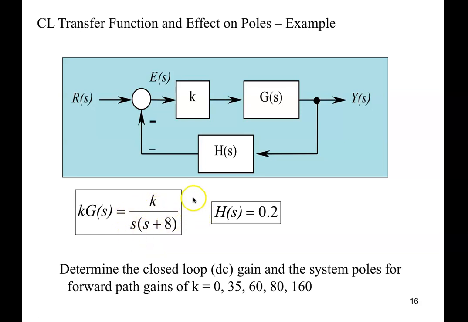What we want to do is first derive the closed loop transfer function with k as a variable, and then see how the poles of the closed loop system change if we set k to 0, 35, 60, 80, 160, and so on, so that we can see the movement of closed loop poles. The open loop poles won't change because they are defined by G(s). The only thing we are looking at is the closed loop poles, to see how they change.